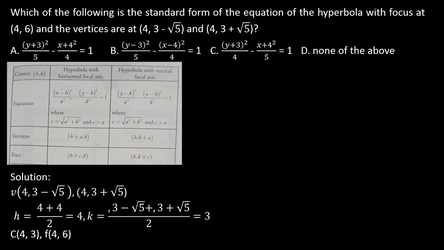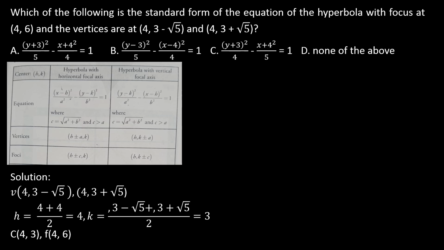As we observe, the first value would be the same. Looking back at the properties of this hyperbola, the center is at point (h, k) and the focus is at (h plus or minus c, k). This is not compatible with this type of problem, because the first x values of the center and focus are the same, but in the first type of equation the first values are not the same.